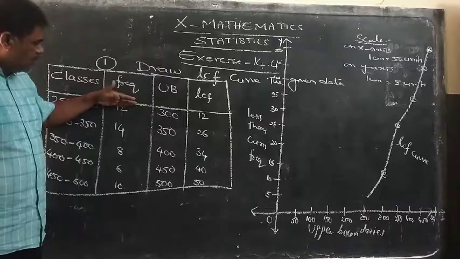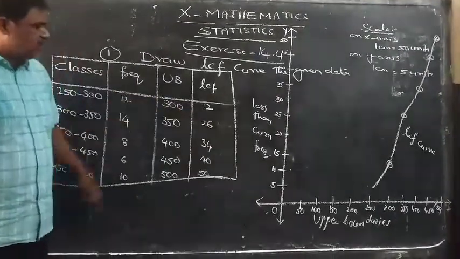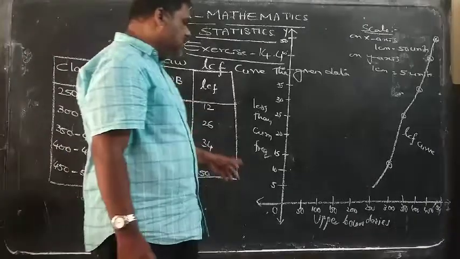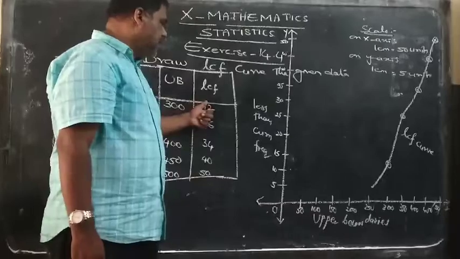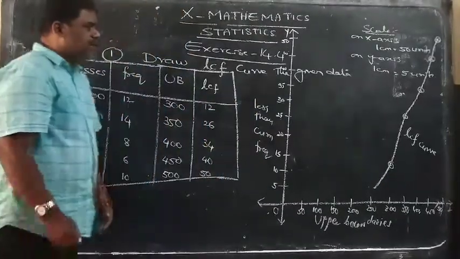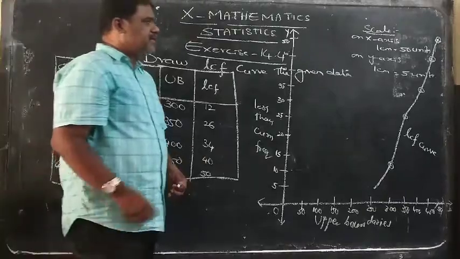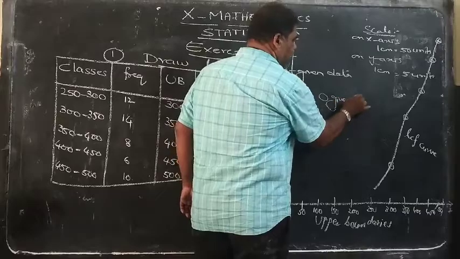So we add 12, 12 plus 14, 26, 26 plus 8, 34 and so on. Upper boundaries are taken on the x-axis, the corresponding less than cumulative frequency on the y-axis. Now we draw a curve, which is called the LCF curve, also known as the ogive curve.